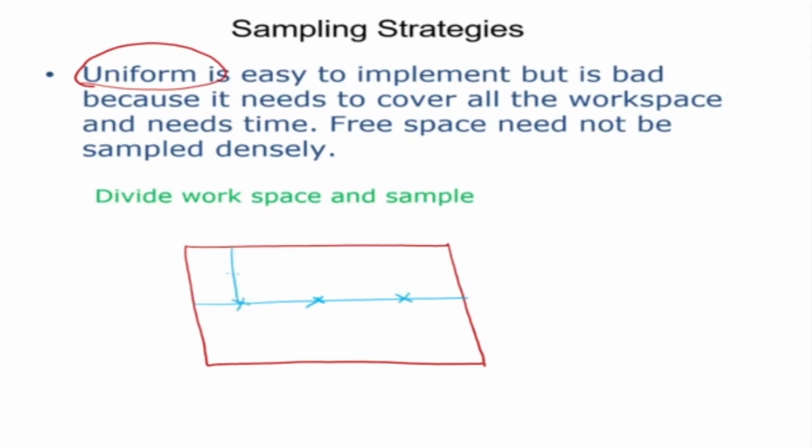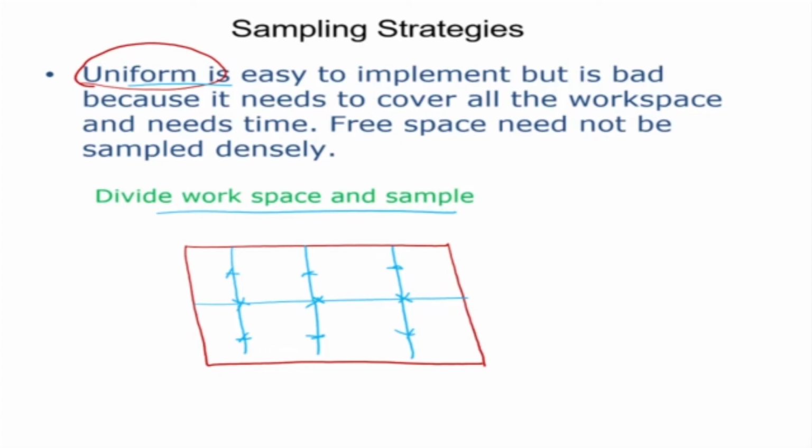Then I draw a line like this, take the half of here, half of this line, half of this line. So basically what I'm doing is I'm dividing this equally, and then I'm sampling. So I'm getting a uniform kind of sampling, as you can see here. Basically I just divide the workspace and sample into equal halves.